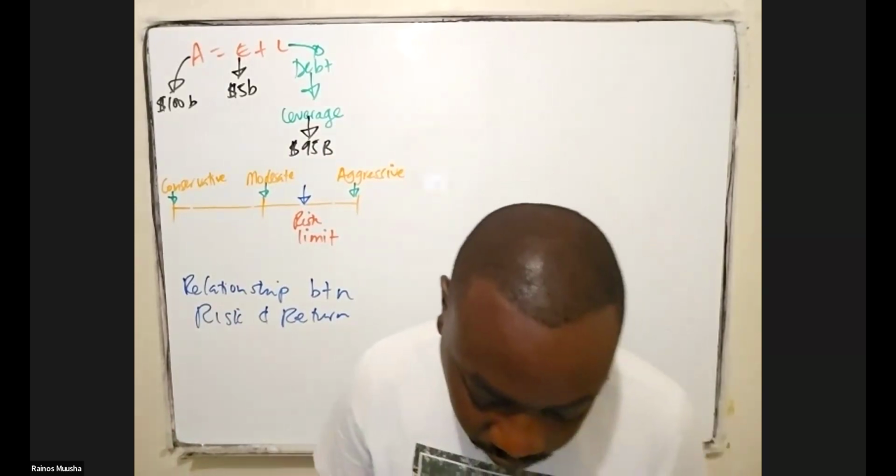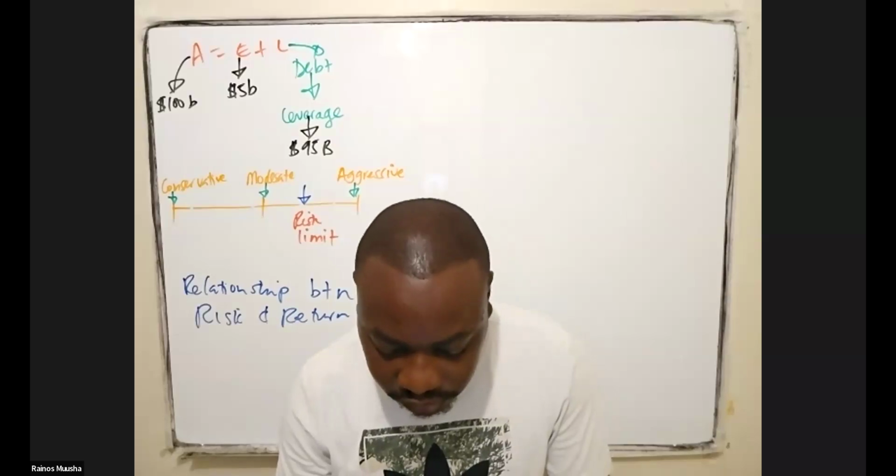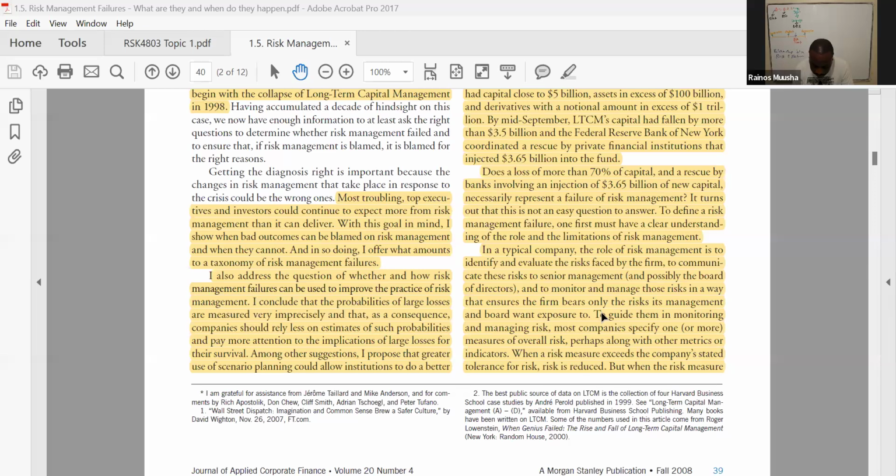So here, on that paragraph, they go on to say, to guide them in monitoring and managing risk, most companies specify one or more measures of overall risk, perhaps along with other metrics or indicators.